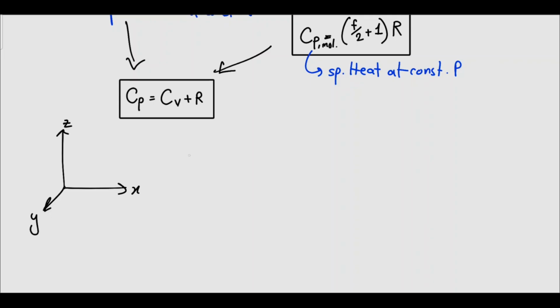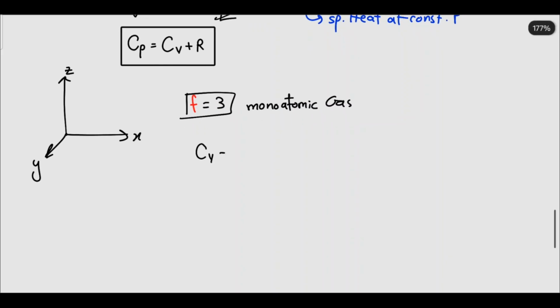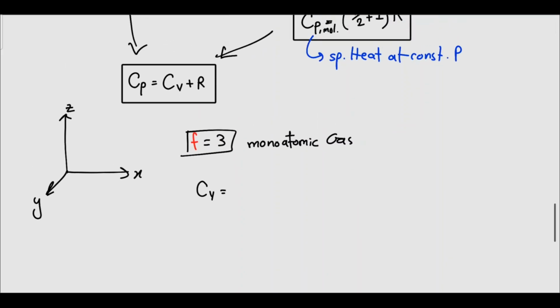And F would then equal 3 for a monoatomic gas. So the CV value for a monoatomic gas would be 3 divided by 2 R, and the CP, again the molar variant, would be 5 divided by 2 R.